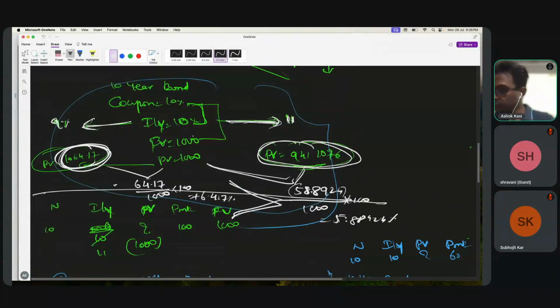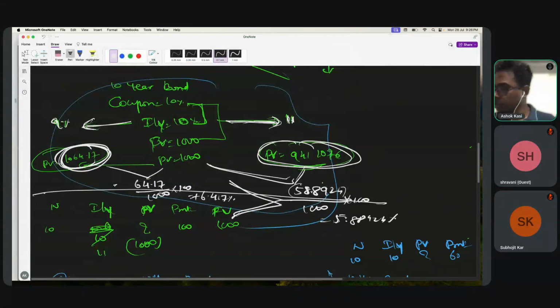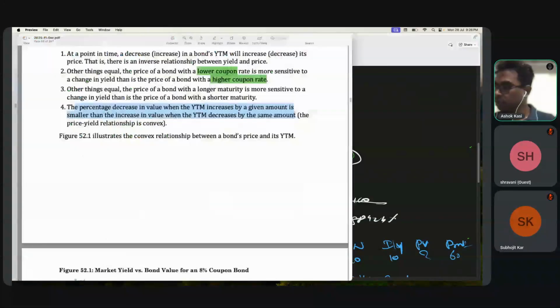The percentage decrease in value when the YTM increases by a given amount is smaller than the increase in value when the YTM decreases by the same amount. The percentage decrease is smaller.